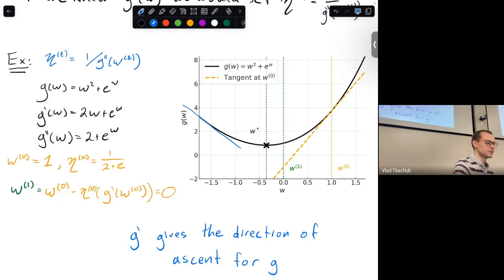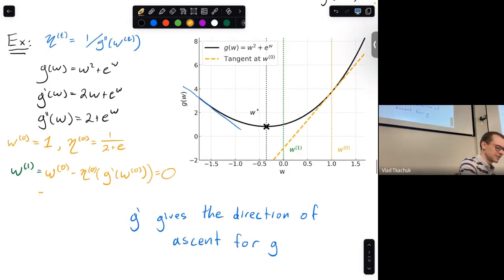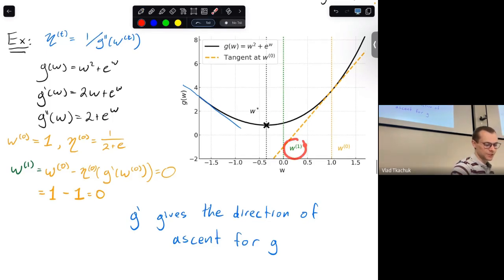It actually turns out to be very simple in this case, because this thing was 1, if you remember, and this value turns out to also be 1. So my step is of size 1 in the negative direction, and then I end up at 0, which is W1. So I start at W0, I take one step, and I get to W1.